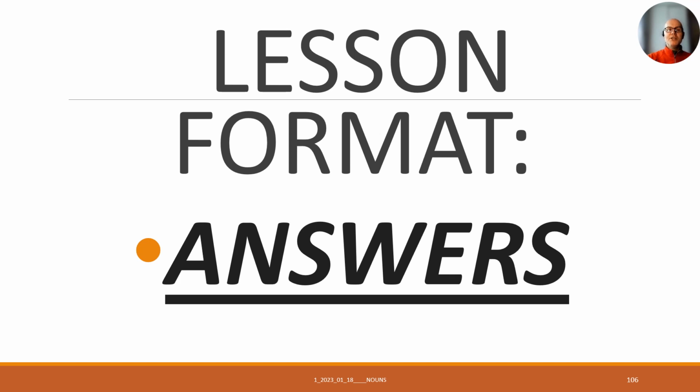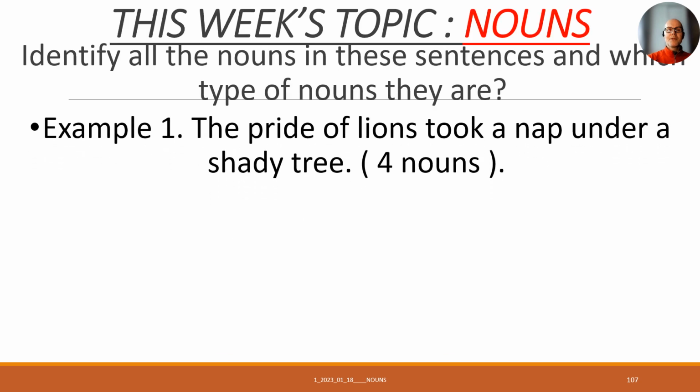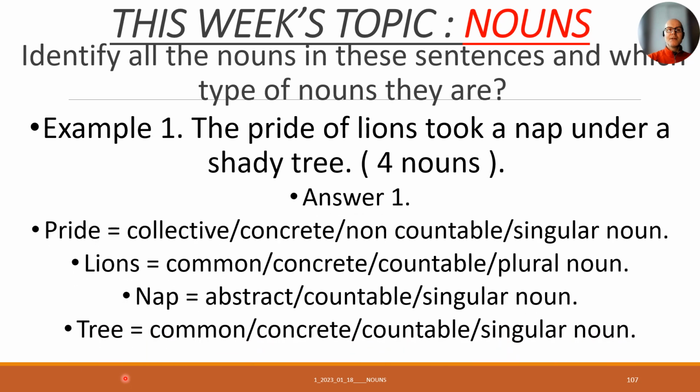Okay, how did you get on? Here's our example again. The pride of lions took a nap under a shady tree. Pride, lions, nap and tree. Let's get on to our questions.